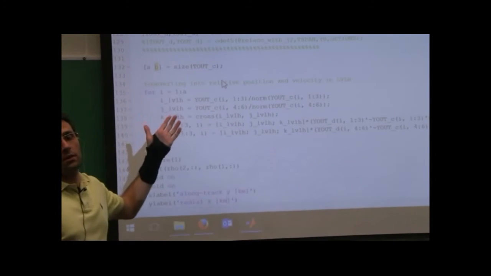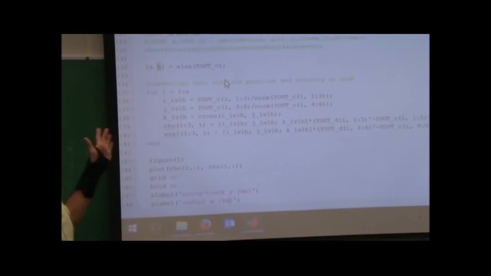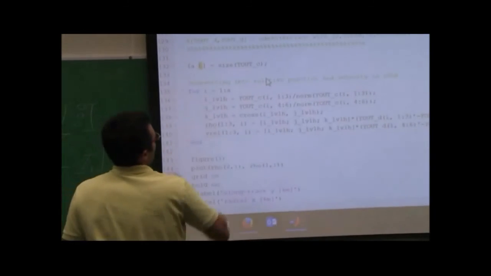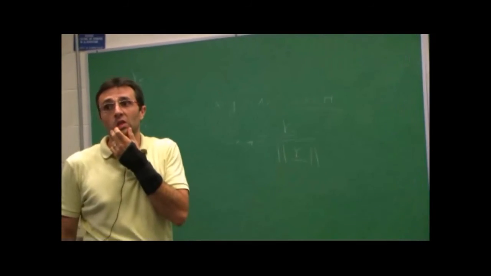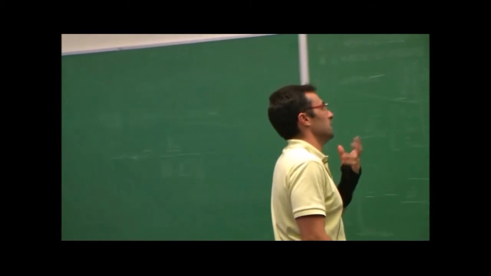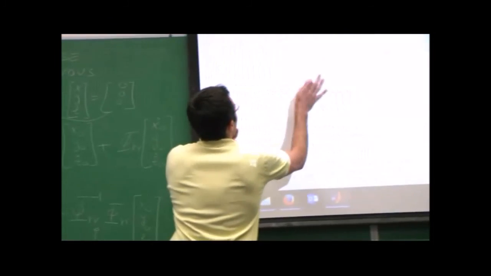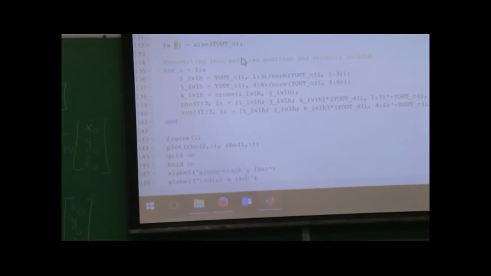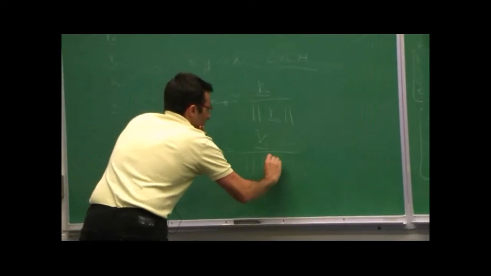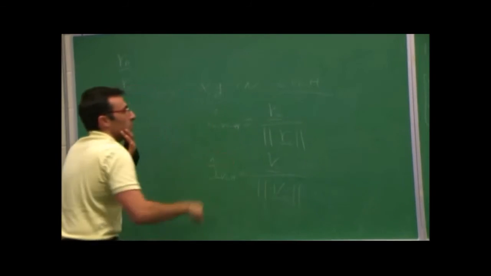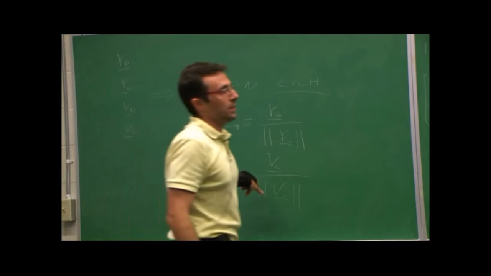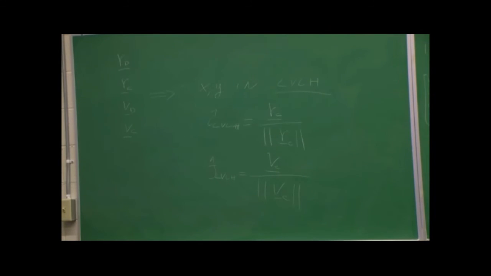But here, I know the chief is circular, so I'm just directly defining the j, because the j is not necessarily aligned with the velocity at all times if you don't have a circular orbit, right? But anyways, in this case it is, I know that. So the j in this case, I'm just saying it's velocity of the chief over its norm. Again, keep in mind, this is true if it's circular. If it's not circular, don't do that. Just go through k first and then cross. But anyways, I can do it.